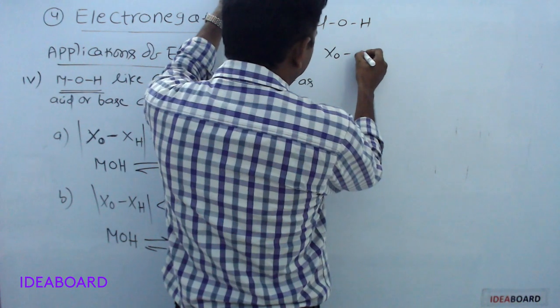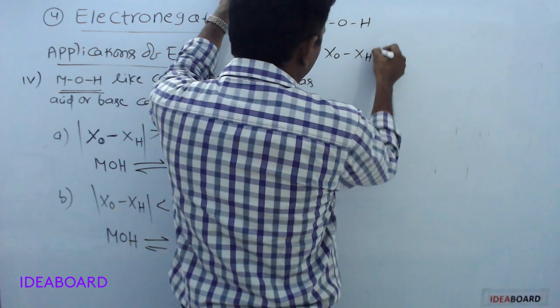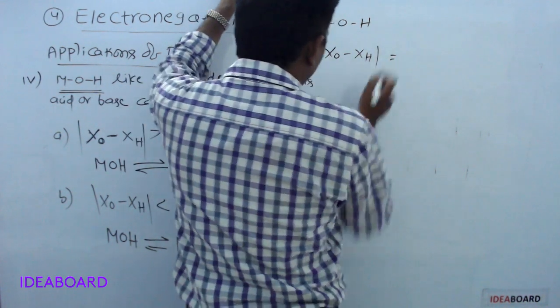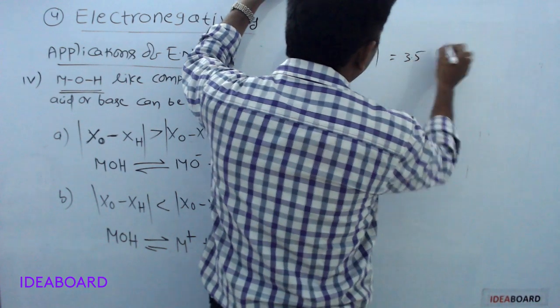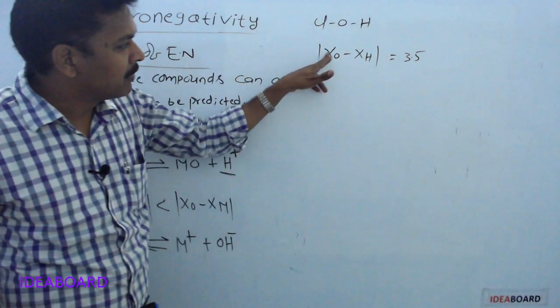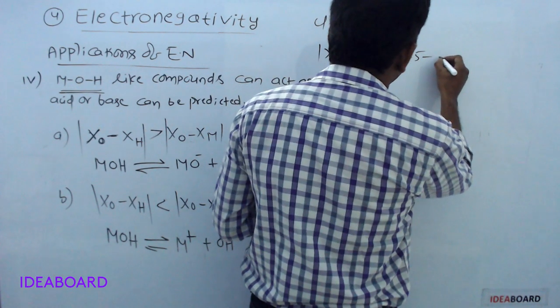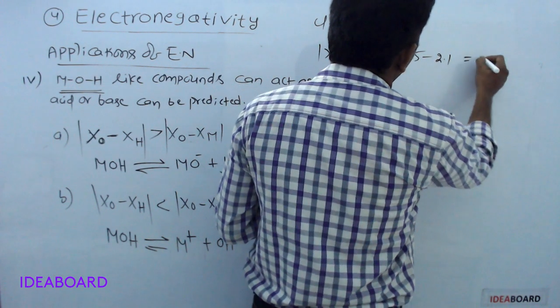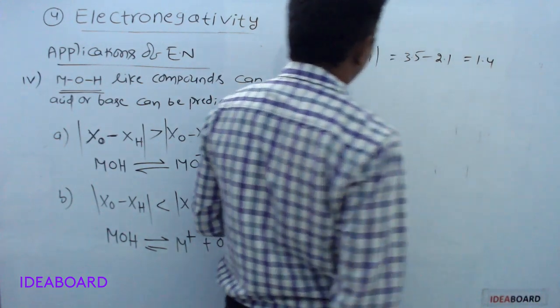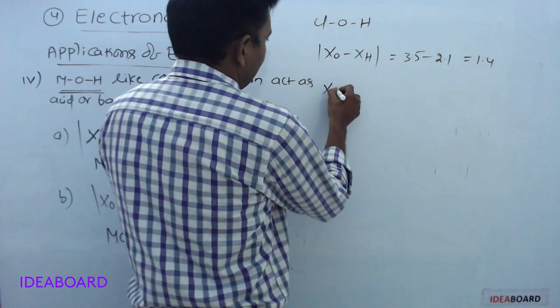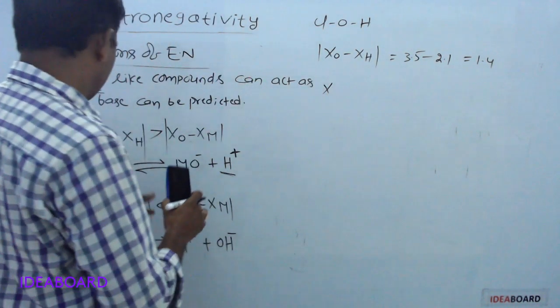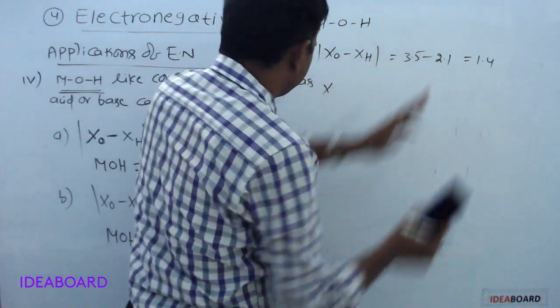XO minus XH: electronegativity of oxygen is 3.5 minus electronegativity of hydrogen 2.1. The difference is 1.4.